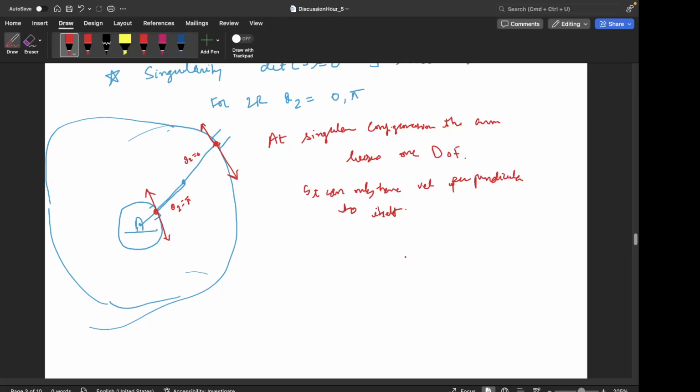So we design our trajectories and we plan our motions in a way such that we avoid these configurations. The good thing for a 2R manipulator is that the singular positions lie at the boundaries of the workspace. There is no singularity inside the workspace. So if we just avoid the boundaries of the workspace, we'll be fine. But for other manipulators, it could be possible that the singularity lies somewhere inside the workspace also, and then we have to be more careful in avoiding the singularities.